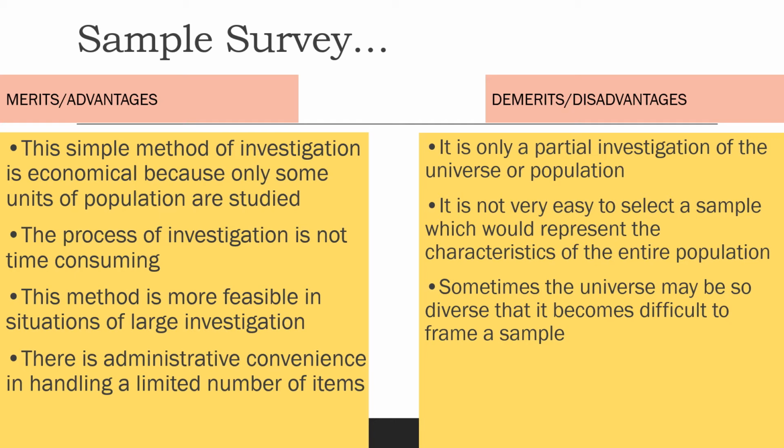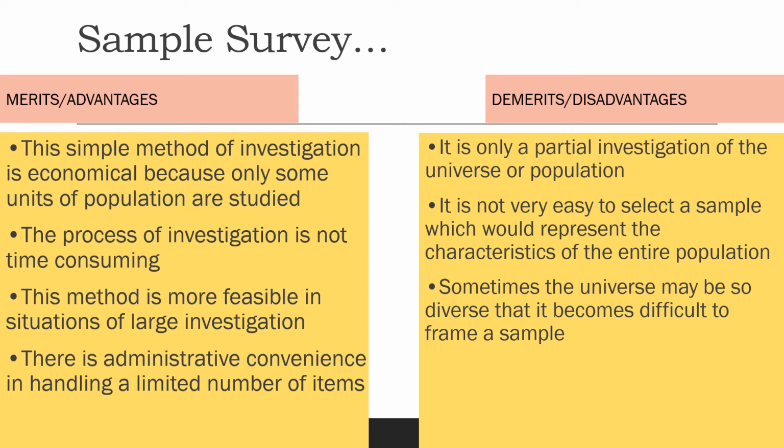Sometimes the universe or the population may be so diverse that it becomes difficult to frame a sample. For example, maybe in a particular area where you're studying a particular village or a city or town, there are people from various other places. They have come and settled there.